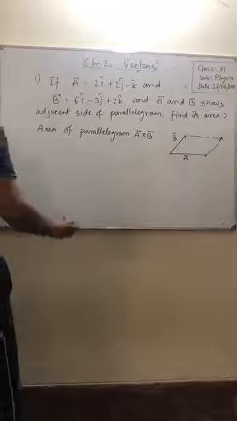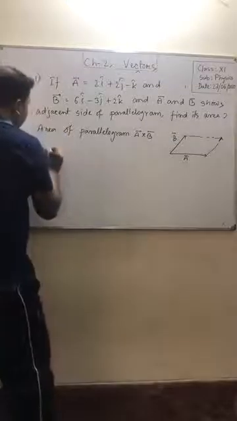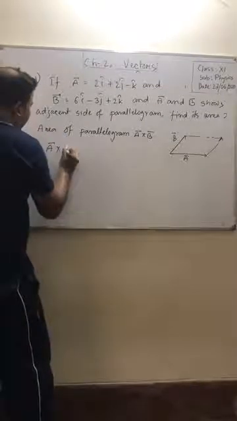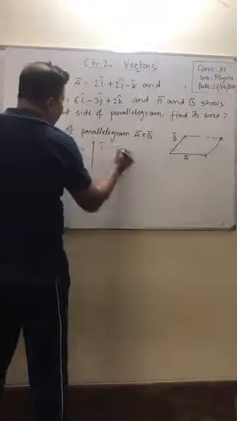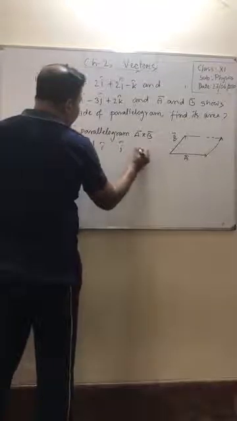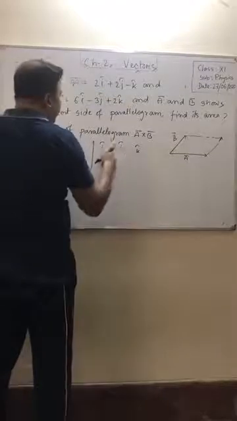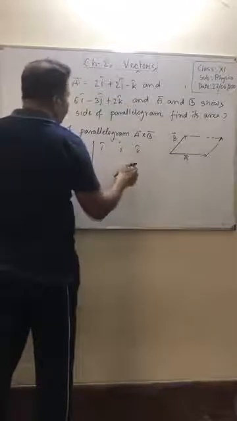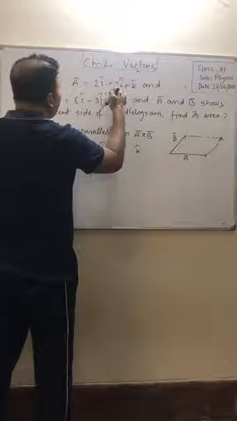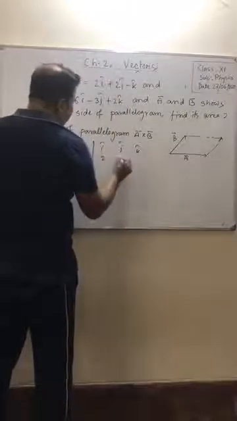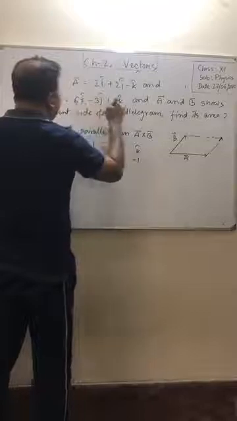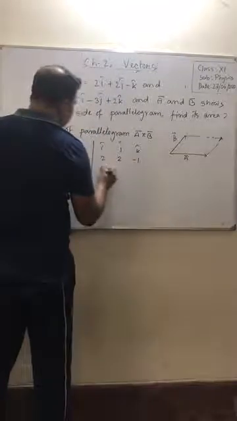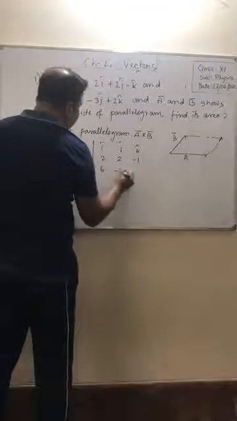So if you do A cross B, what does this come to? It comes to i, j and k. That means AX, AY, AZ, BX, BY, BZ. AX means 2, 2, minus 1. BX means 6, minus 3, 2.